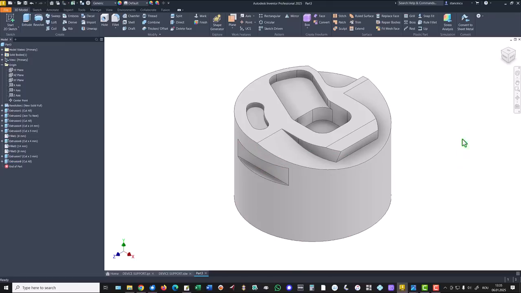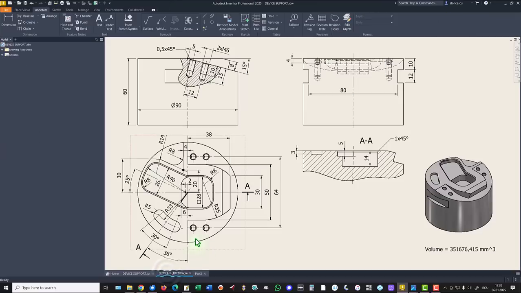I don't mirror this because I have to place also these two holes, and then we apply mirror.